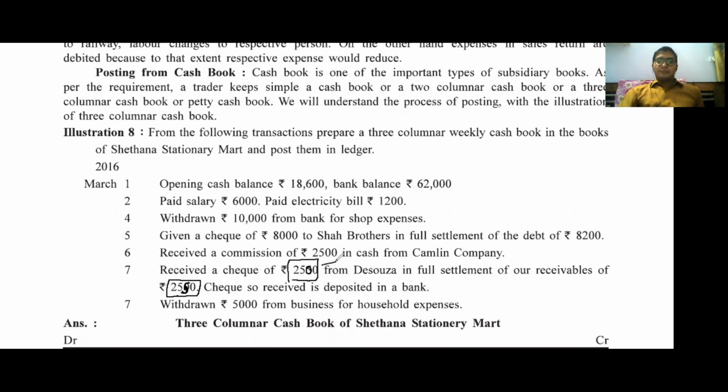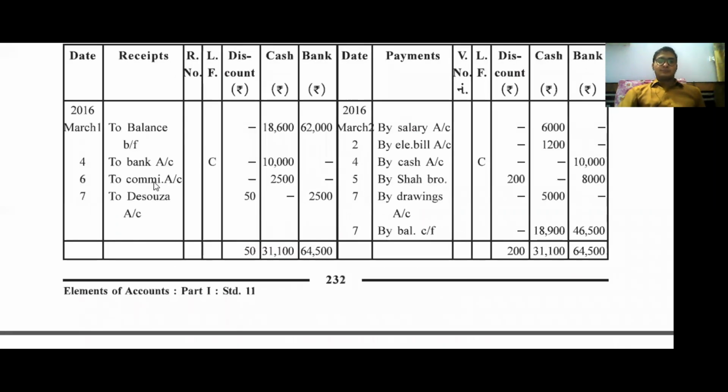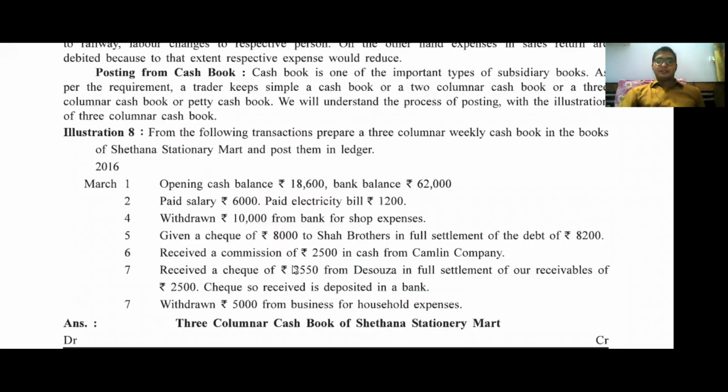So in the bank column we debited 2,500, and in the discount column the difference is 50, that is for discount. So in the bank column it is debited for 2,500 and discount is for 50. Clear?